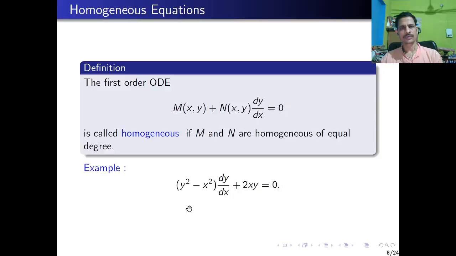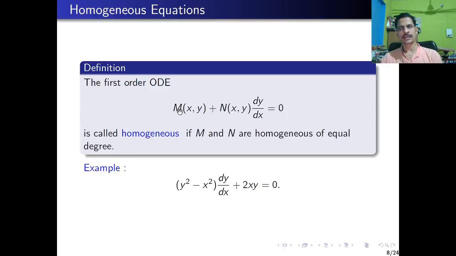Now we know when a function is homogeneous of degree d. Now a differential equation, a first order ODE, which can be written as M of x comma y plus N of x comma y dy by dx equal to 0, where M is a function of two variables and N is a function of two variables, is called homogeneous if M and N are homogeneous of equal degree.